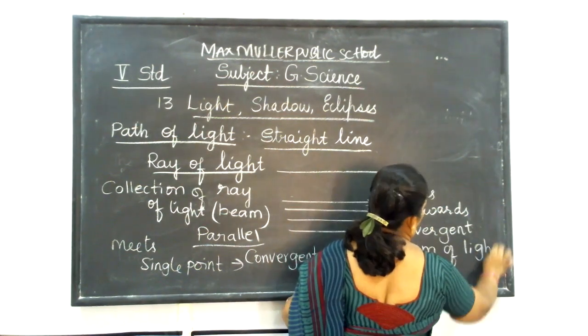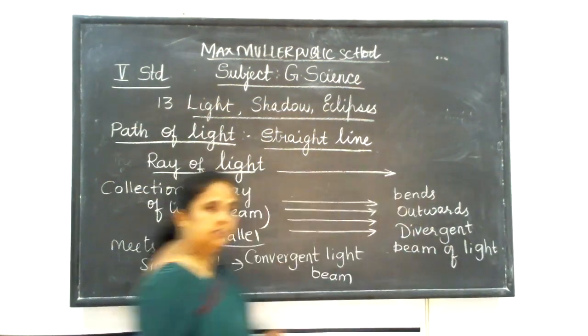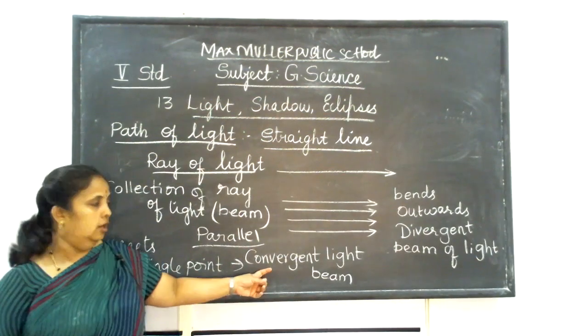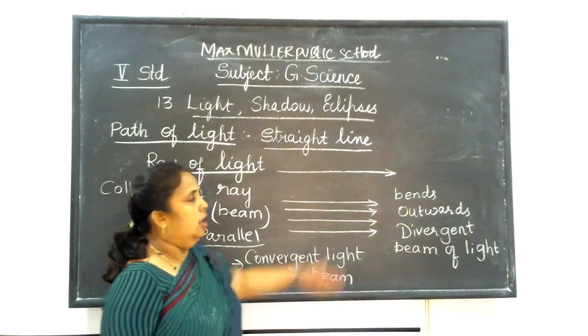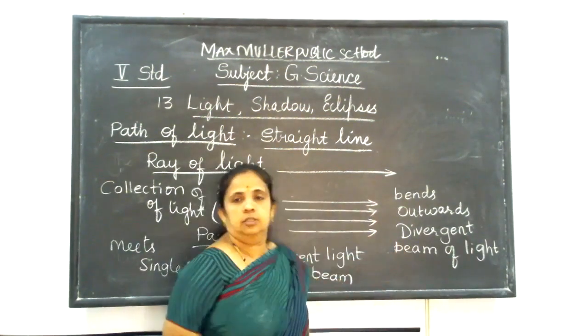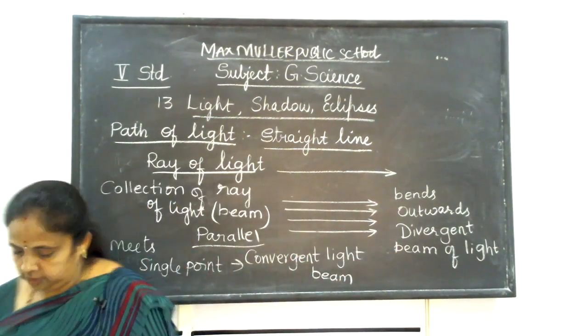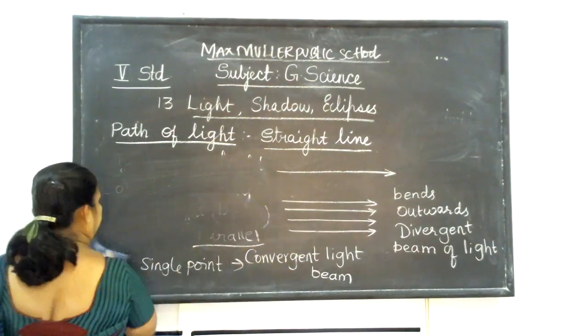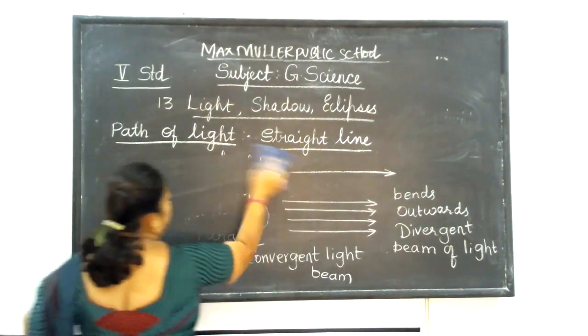Understood? If it meets at a single point, it is a convergent beam, or if it goes away outward, it is called divergent. Now we will see the diagram of the ray, beam of light, and divergent and convergent beams.